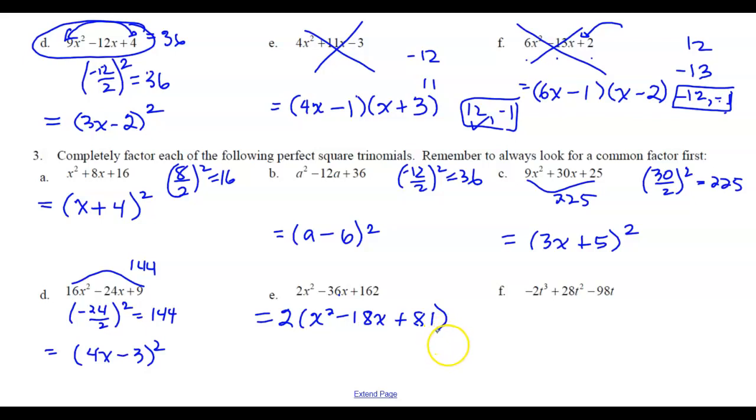Negative 9 and negative 9, and set up your brackets. If you notice that half of negative 18 squared is 81, then you noticed that it's a perfect square trinomial, and it factors to a binomial squared where the root of x squared is x, the root of 81 is 9, and it's a subtraction, whatever sign is in front of the middle term. So you can just go straight to that. But if you want to not do that, that's totally okay.